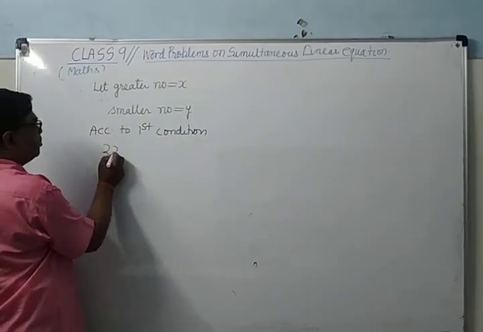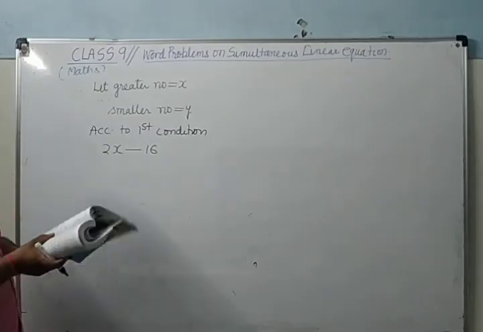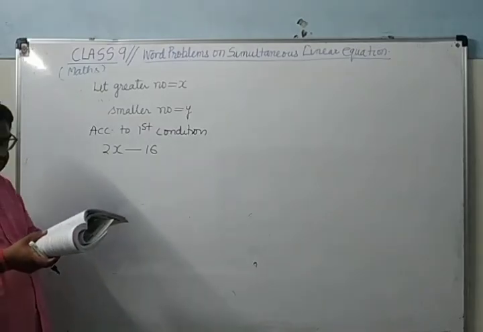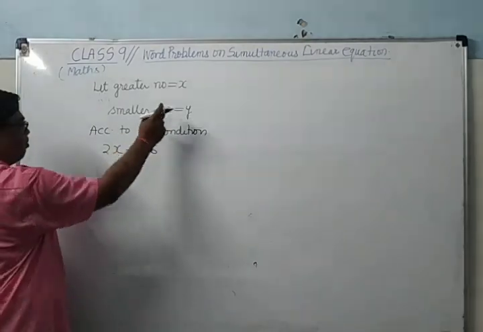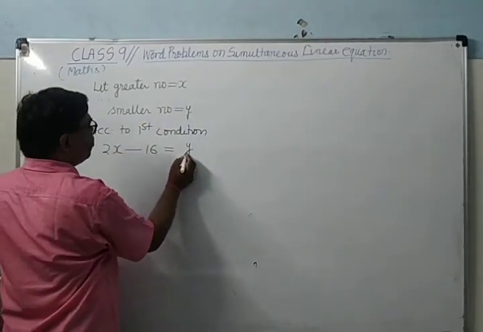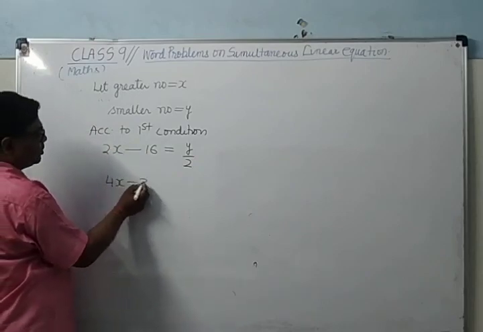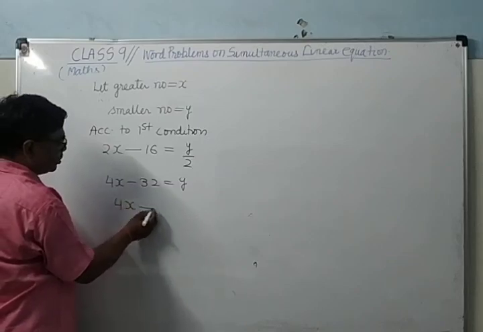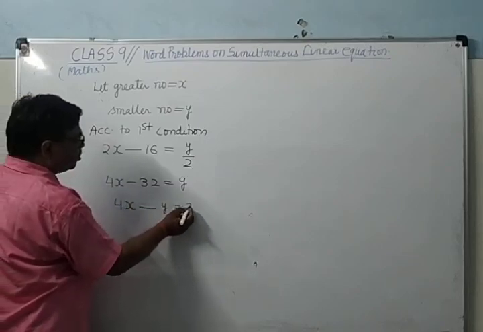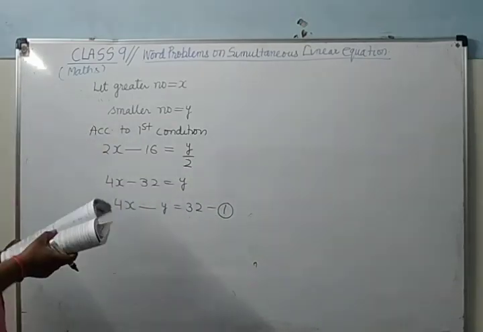X, its 2 times is 2X. Now when 16 is subtracted from this, the result is half the other number, that is Y upon 2. So you multiply here, 4X minus 32 equals Y. So 4X minus Y equals 32. This is equation 1.